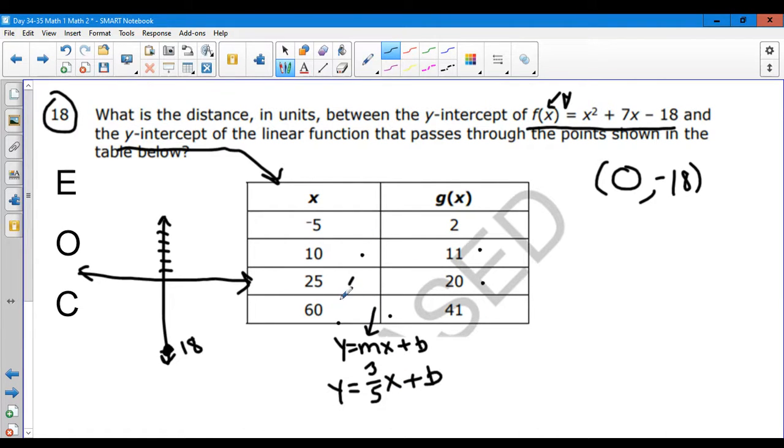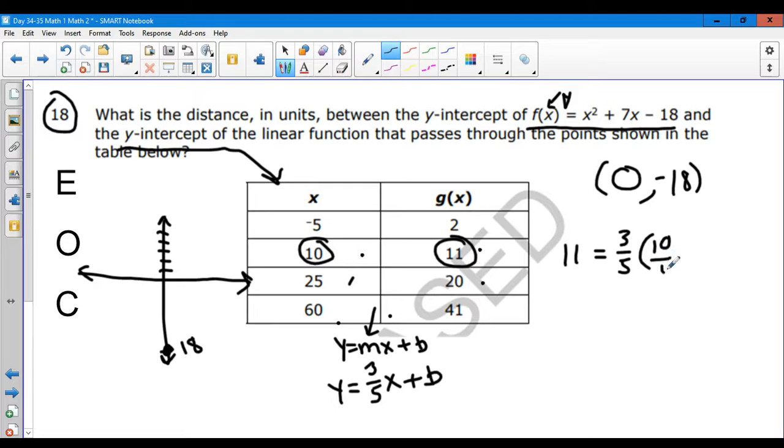So I'll use the 10 and 11 this time and substitute those in for x and y. The 11 is the y equals, oops, excuse me, 3/5 times the x value, which I chose 10 here.